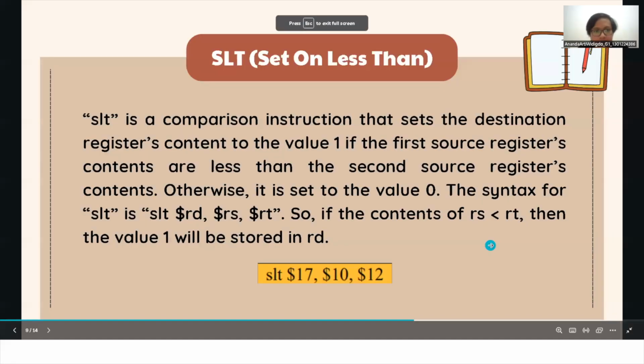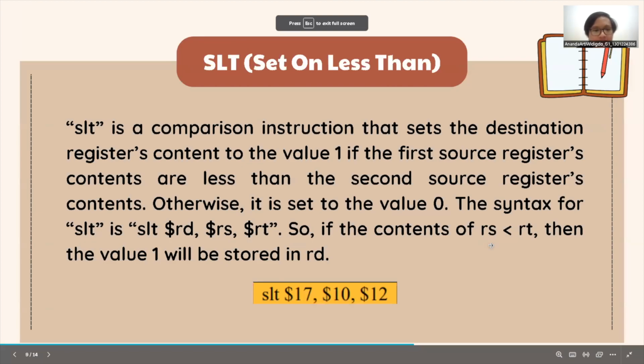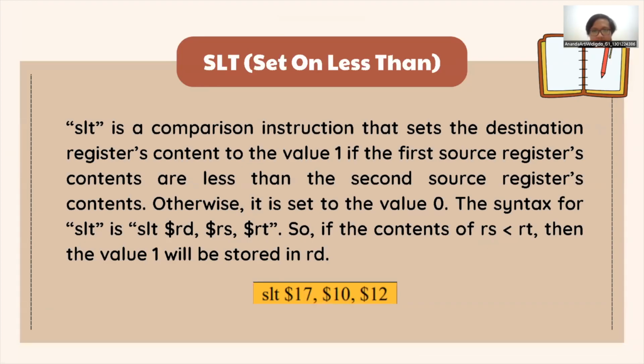So SLT is set on less than, which is a comparison instruction that sets the destination register's content to the value 1 if the first source register's contents are less than the second source register's contents. Otherwise, it is set to the value 0.